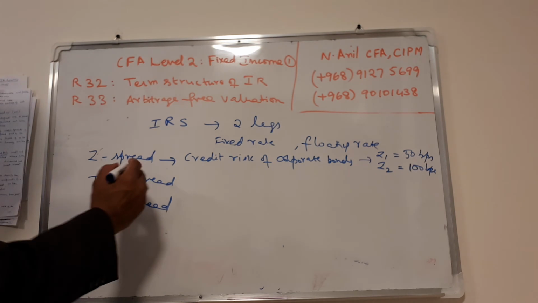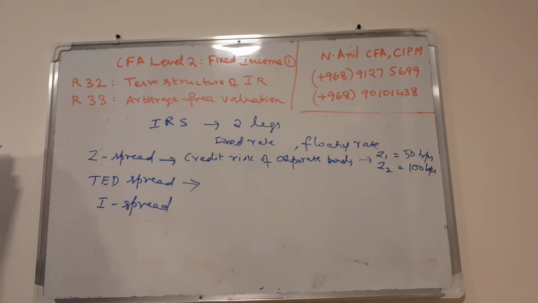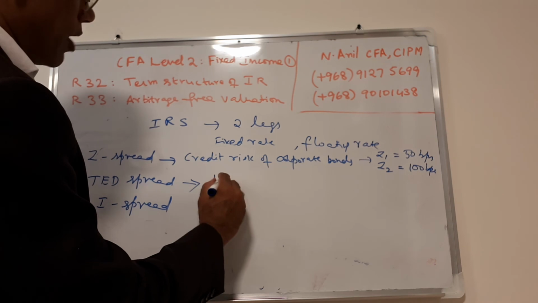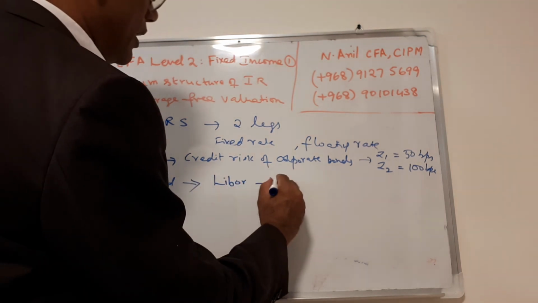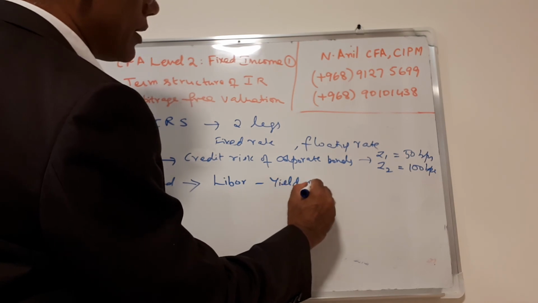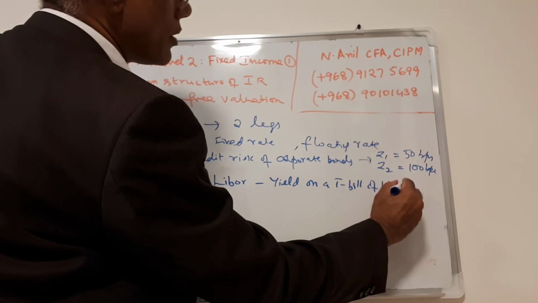So spread is a difference. The TED spread measures the overall risk perceived in the economy. It is the LIBOR of a particular maturity minus the yield on a T-bill of the same maturity.